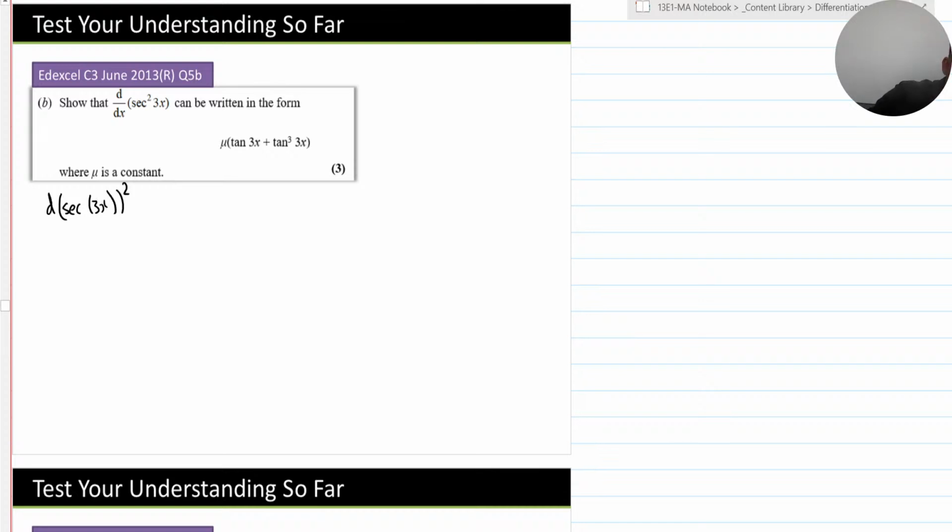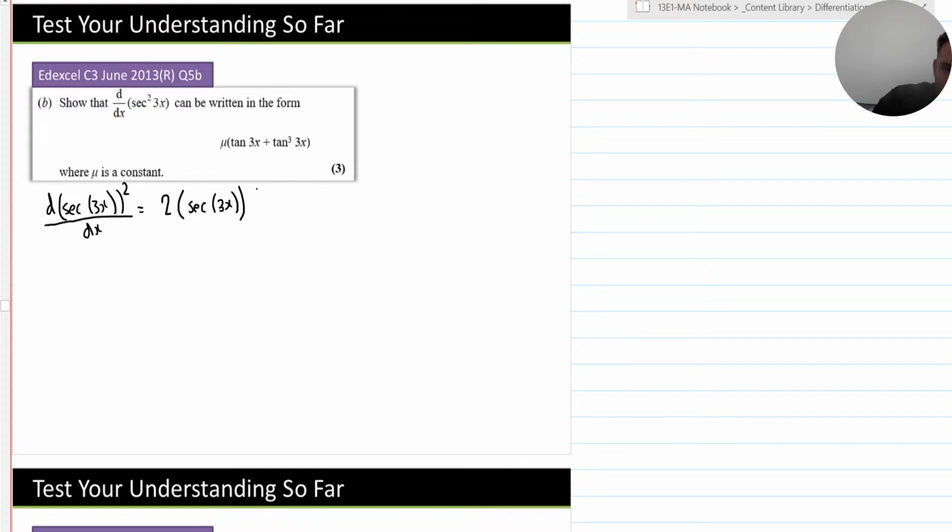Because then when I differentiate this, I need to do that 2 first. So it's going to be 2 times by, because you've got 3 layers here. You've got that squared, then you're going to have to differentiate the sec, then you're going to have to differentiate the 3x.